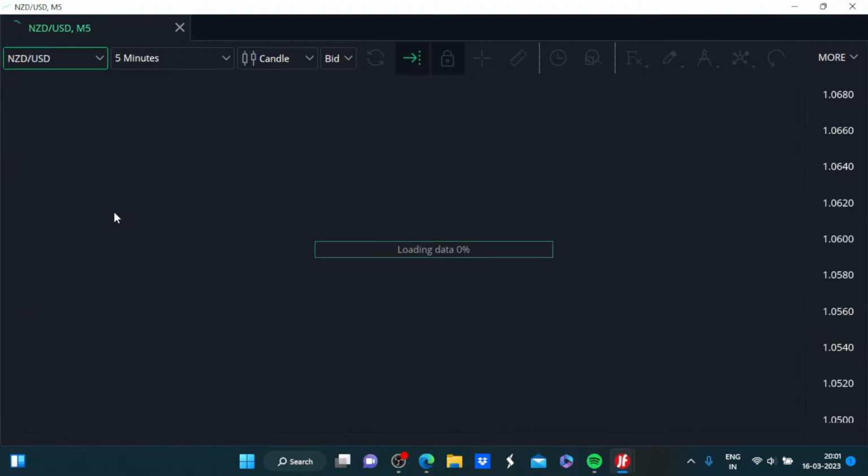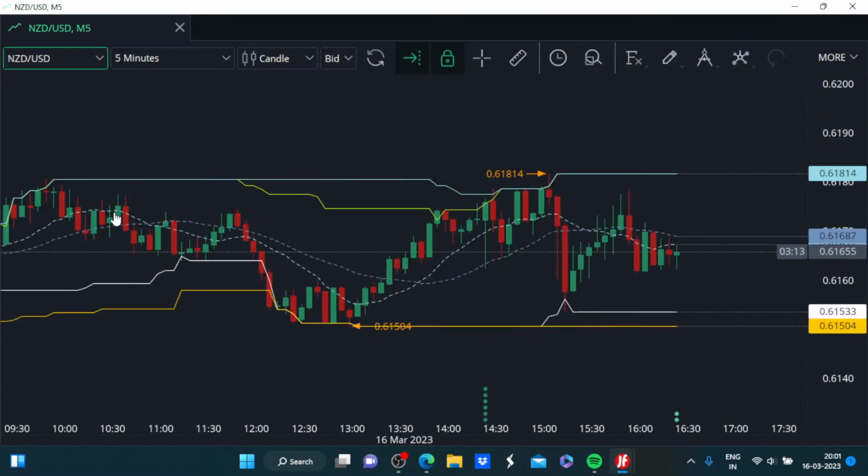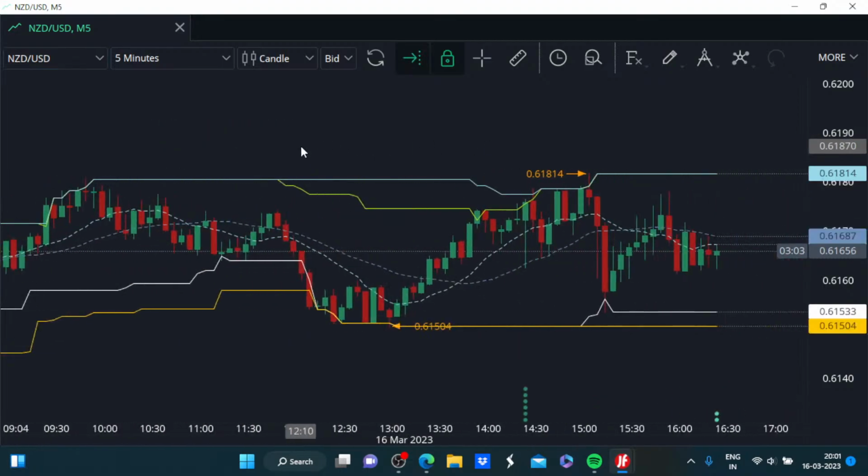Now let's consider the NZD. For NZD, things are not looking that bearish as is the case for euro and AUD.